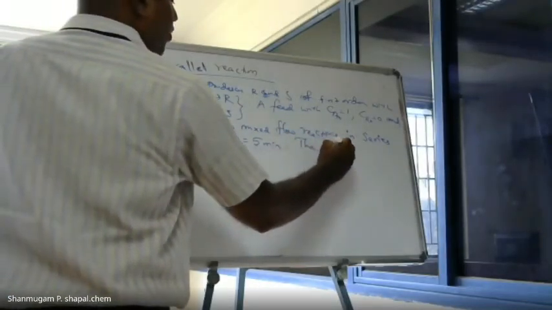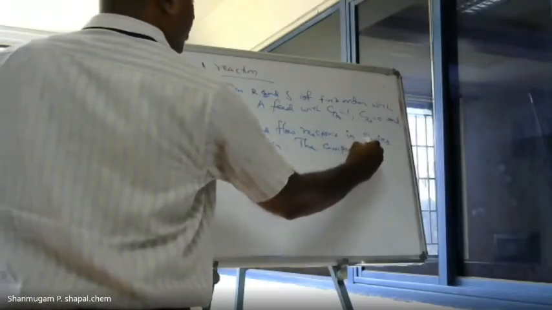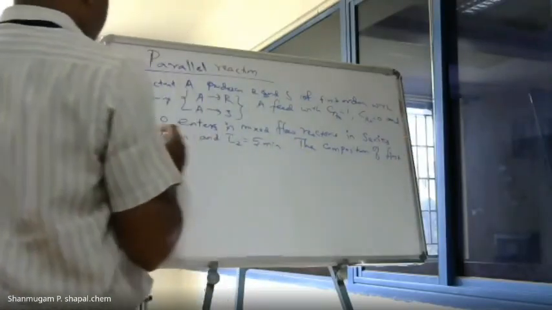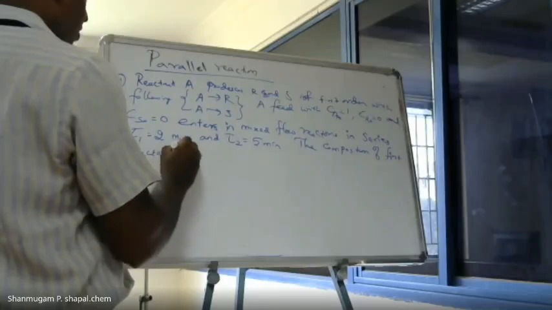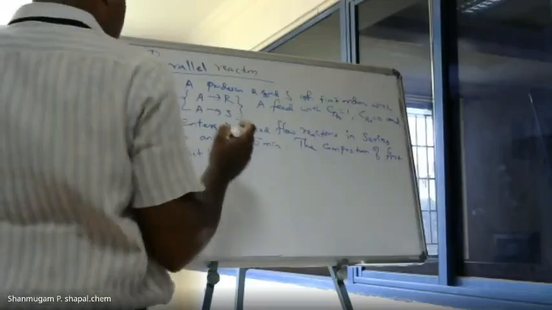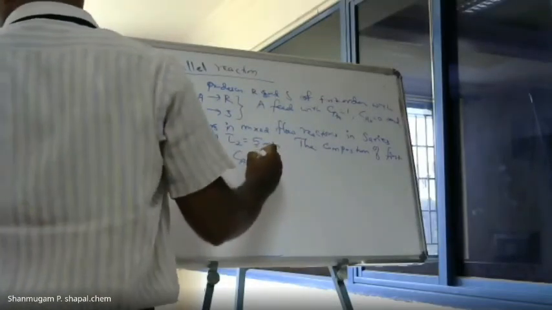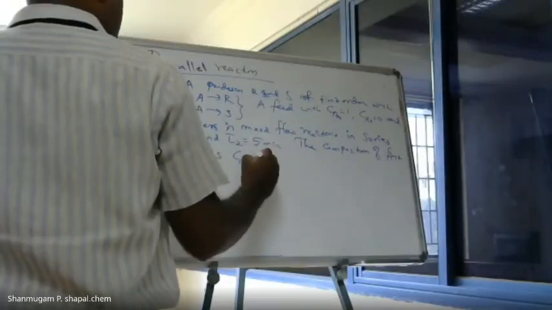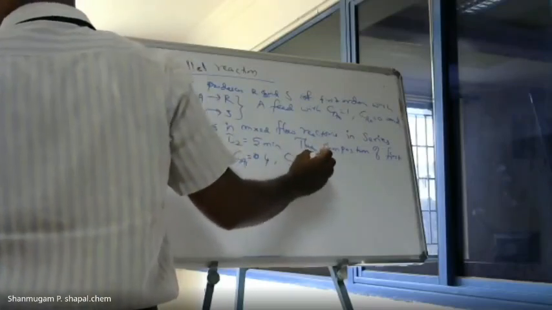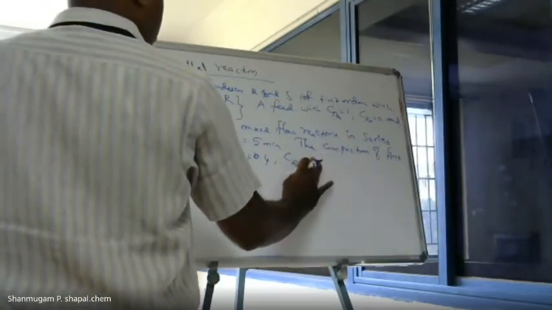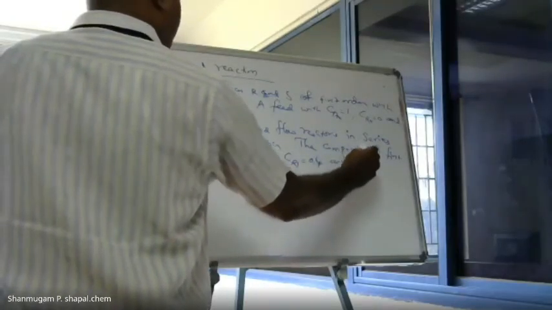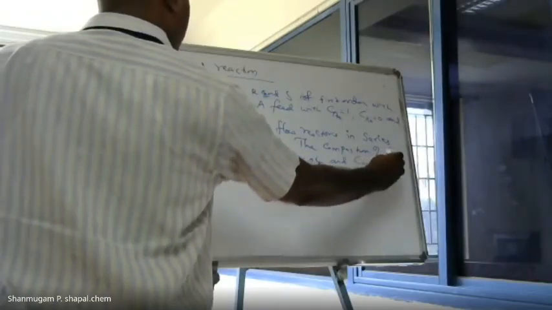The composition of the first reactor exit is CA1 equal to 0.4, CR1 equal to 0.4, and CS1 equal to 0.2.